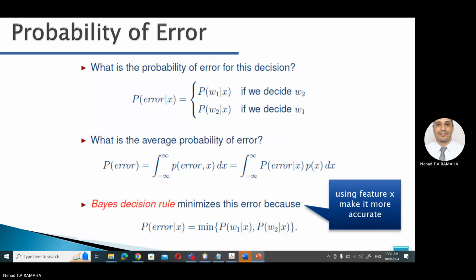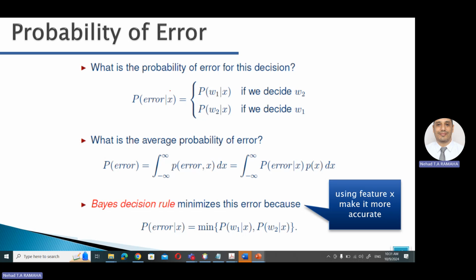So now when we use Bayesian theory, we take into consideration the features when we take the decision.